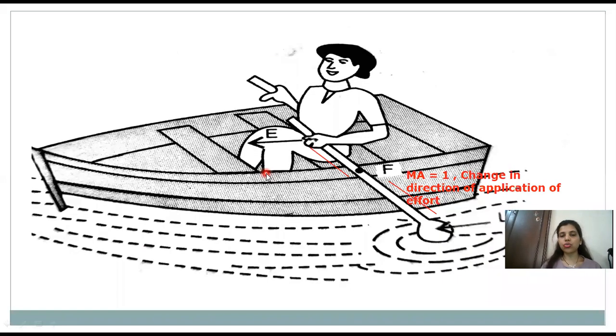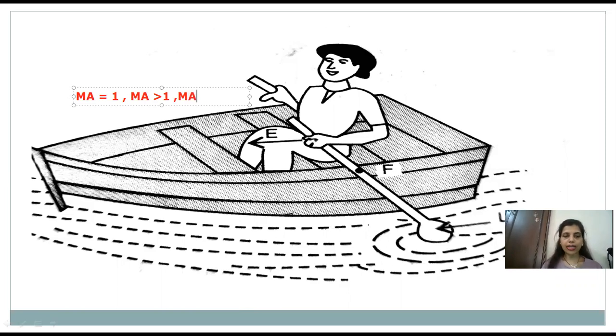But before going to the class 2 lever, we have to understand that from this we understand that MA for the class 1 lever can be equal to 1, if the load arm and the effort arm are equal, MA can be greater than 1, and MA can be less than 1. So all three possibilities are possible in case of class 1 lever.